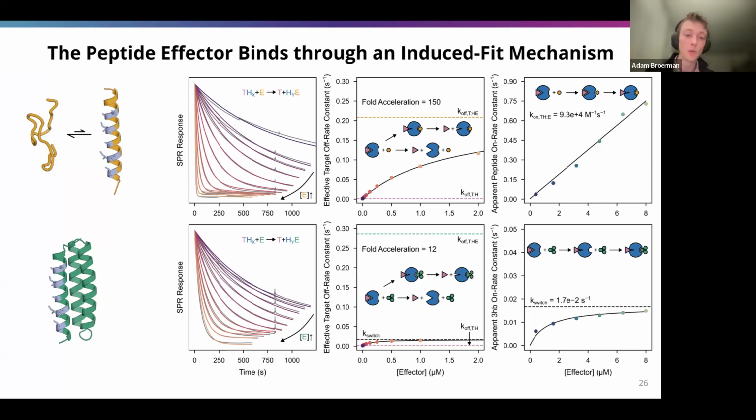Oh yeah. So what I really wanted to design here is a system where the target and host have high affinity, and so they will dissociate very slowly.